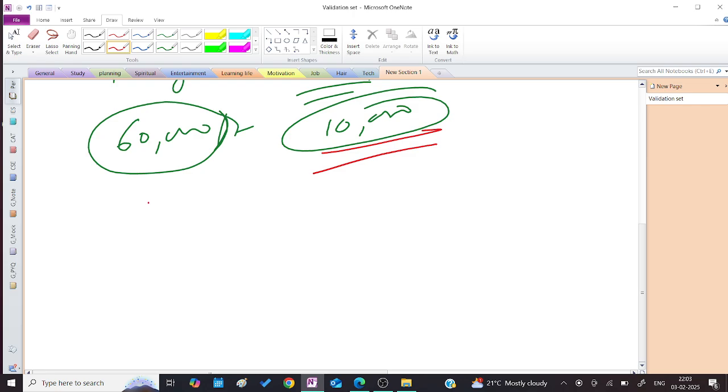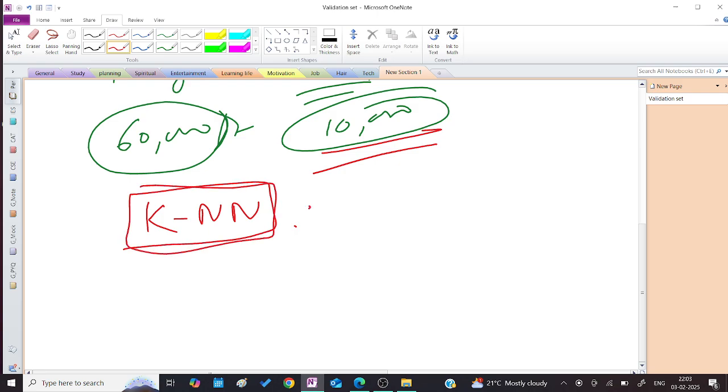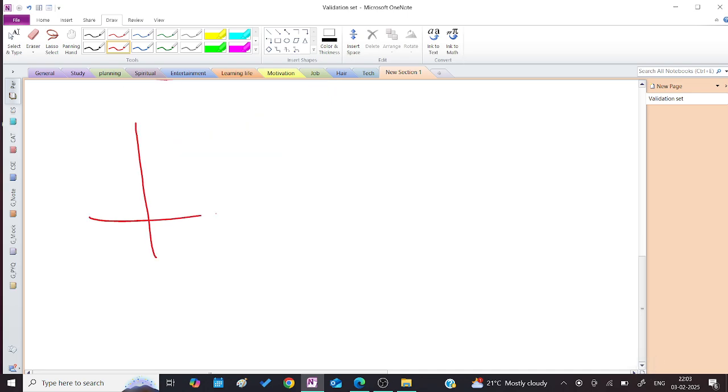For example, if our model is KNN, then for setting the value of K, what we mainly do is change the value of K and check the accuracy.